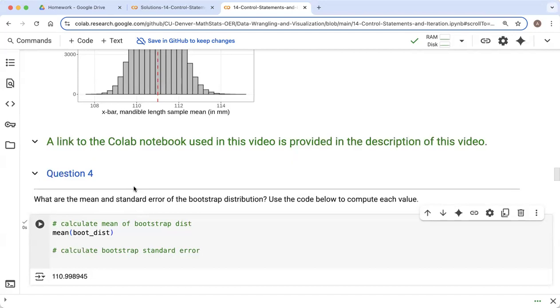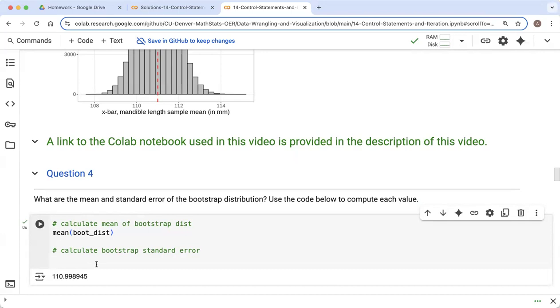But we do not know if the mean of our original sample is close to the population mean, right? We don't know what the population mean is. So in order to get a more robust estimate for this population mean, rather than just say it's 110.99895, we like to build in a margin of error and say plus or minus.